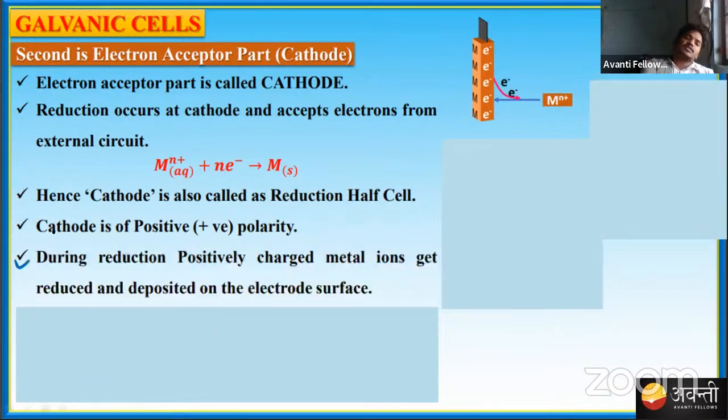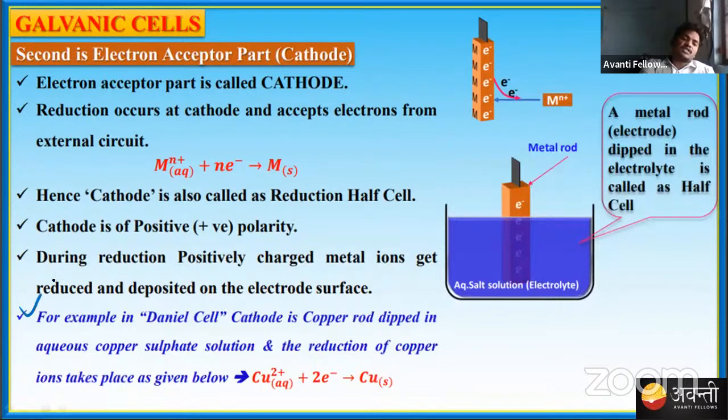And next, during the reduction, positively charged metal ions get reduced and deposited on the electrode surface. Whenever a reduction is taking place, metal ions are reduced and deposited on the electrode surface. Next, this is another example.